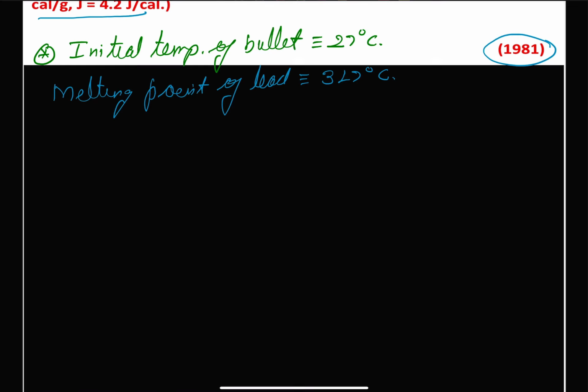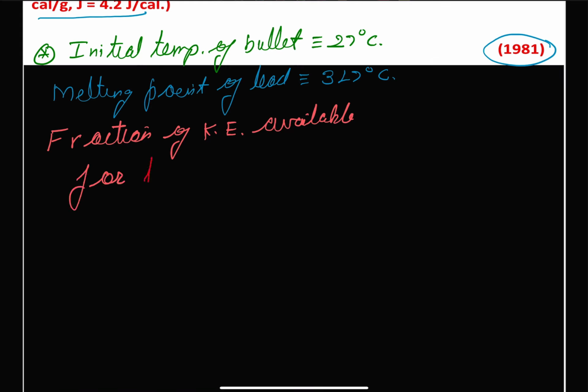The important point here will be that the fraction of kinetic energy available for heating the bullet is 75%, because 25% is absorbed by the obstacle.